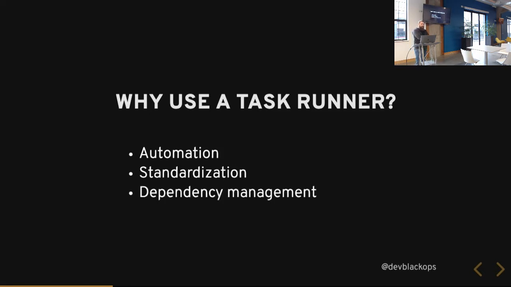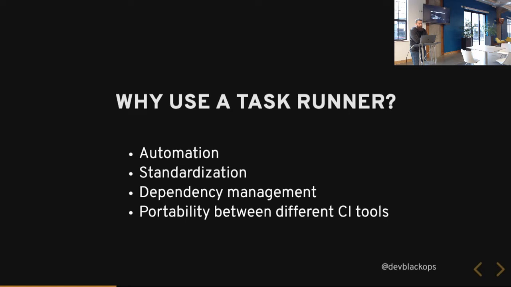Like I said earlier, tasks can depend on other tasks, so you can order these and structure the execution the way you need to. One of my personal reasons why I use task runners is portability between different CI tools. A lot of people will use AppVeyor or Azure Pipelines or Travis, et cetera.